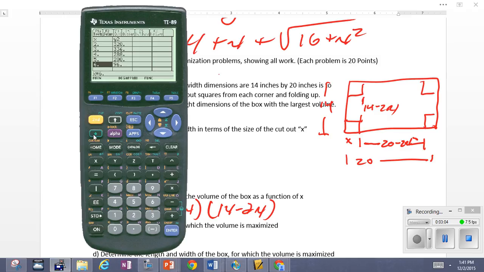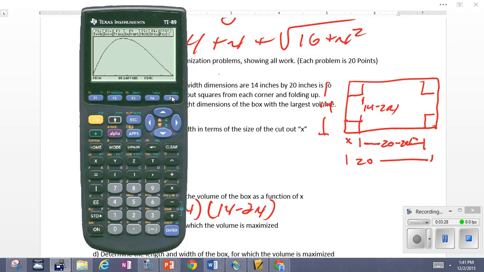So that'll give me a gauge on how to set up my window. I'm only going from 0 to 7. I'll go up to about 350, 400, just so I can see the peak of that. Okay, let's go and graph that. That peak is my turning point. That's the value of x producing the highest volume.